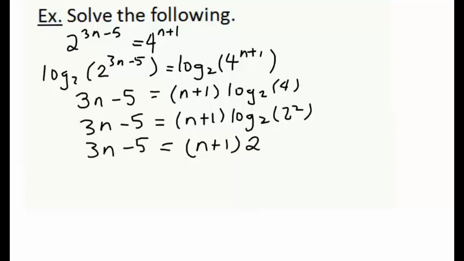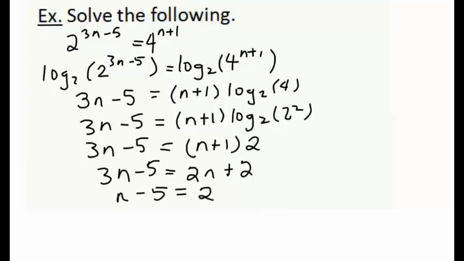So I'm going to expand that through to get 2n plus 2. And now we have a linear equation in n that we can solve very easily. If we subtract 2n from both sides, we're going to get n minus 5 is equal to 2. And we could add 5 to both sides to get n is equal to 7.